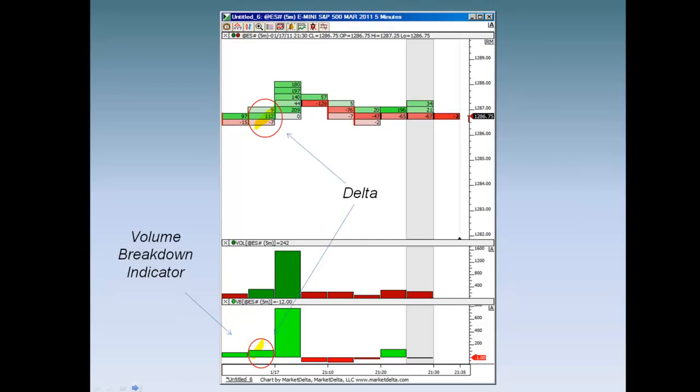Although, when we look at the footprint price statistics, the software is also able to calculate it for the entire bar. Now, sometimes we're going to get an interesting phenomenon, which we call the delta divergence, where in fact prices will be moving lower, but the delta will be higher, and often the delta will win out, and you will see prices move up a little bit.